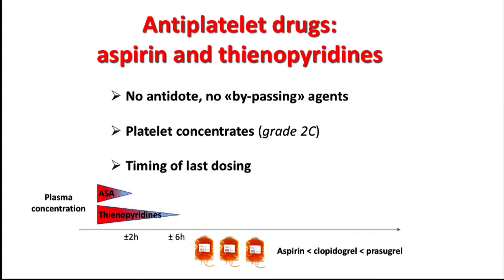And then the quantity of platelets is also important, and we have to rely on biological endpoints and ex vivo data, showing that probably 1 platelet concentrate is enough to reverse aspirin, 2 for clopidogrel, and probably as many as 3 platelet concentrates for prasugrel.